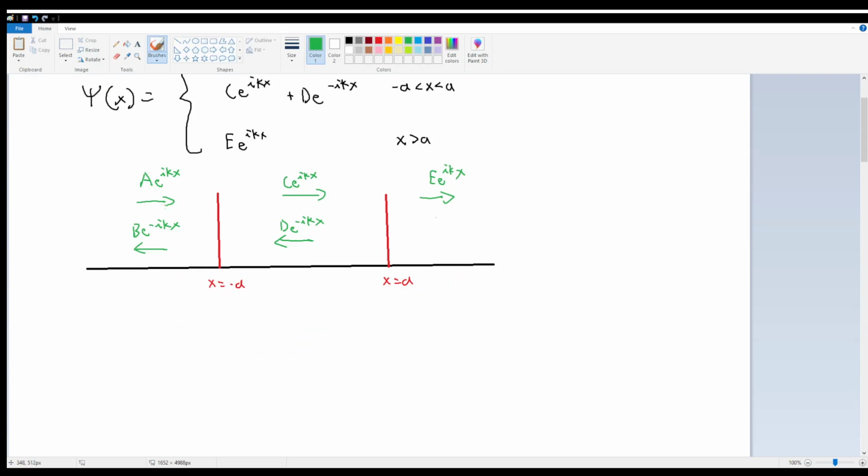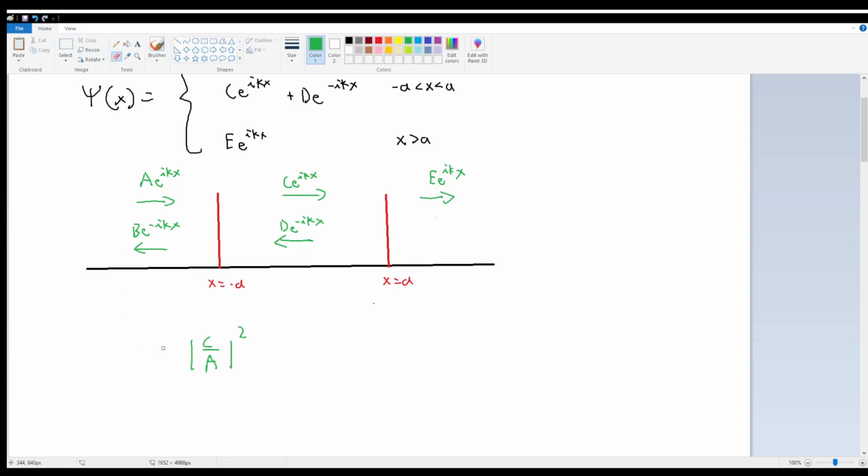If this was a single potential well, then we already know how to do the transmission coefficient for that. If there wasn't a well at x equals positive a, the transmission coefficient would go as the magnitude of C over A squared, as we've seen earlier on.